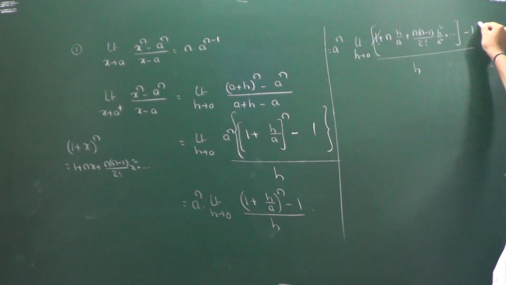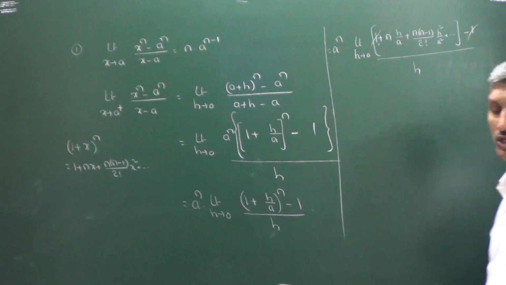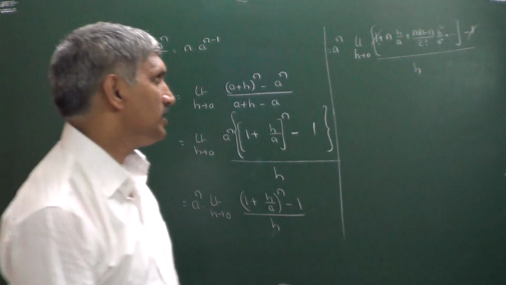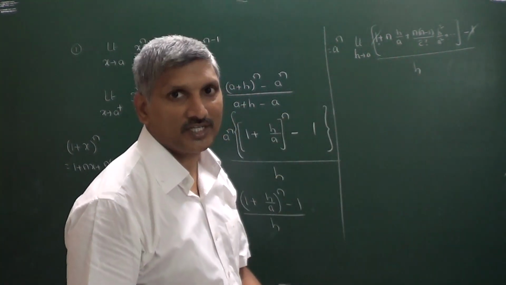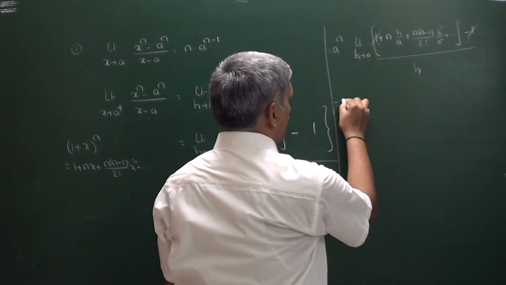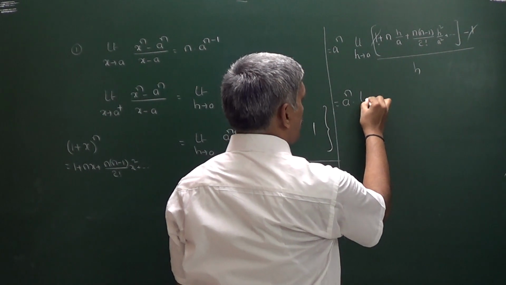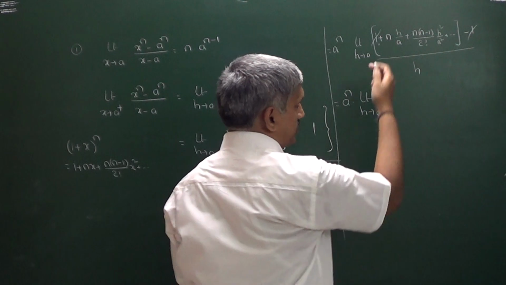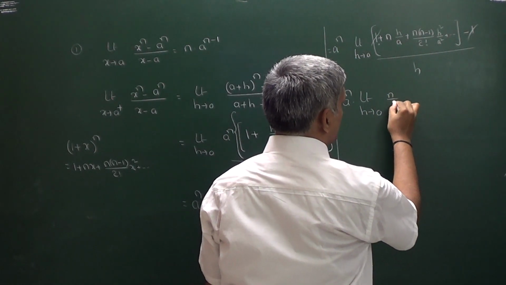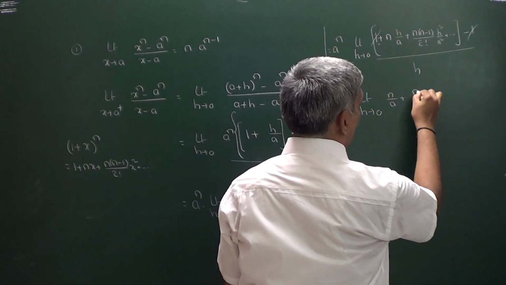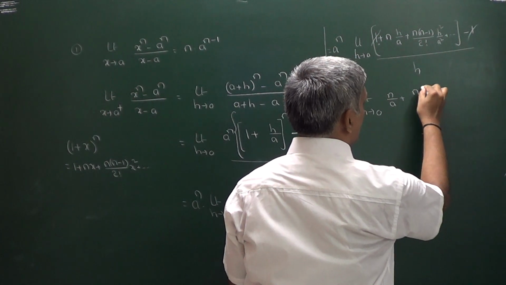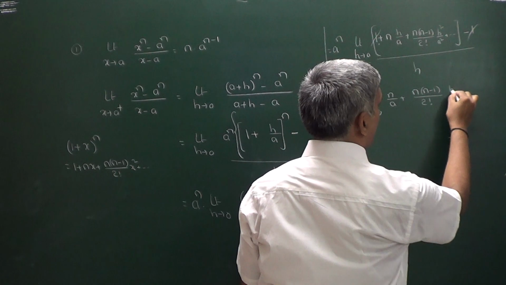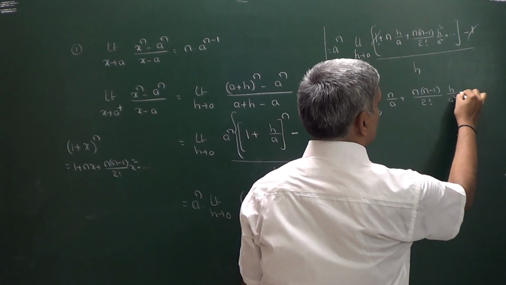Here plus 1 and minus 1 cancel. You can observe that from all the remaining terms we can take h common, and that h cancels with the denominator h. Then what is left? That equals a to the power of n into limit h tends to 0 of (n/a + n(n-1)/2! (h/a square) plus and so on).